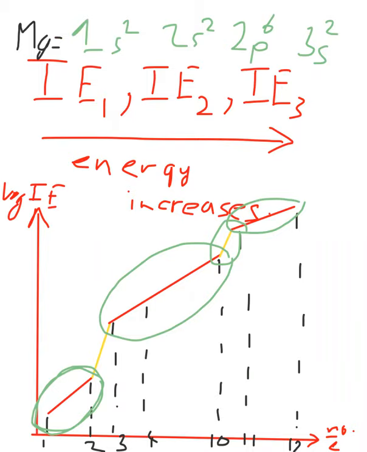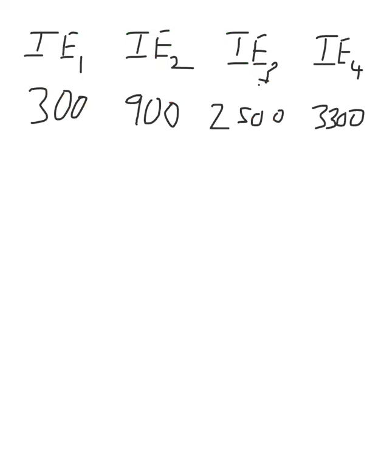Now, if, for example, there is a certain element X, and for that element, these are the ionization energies given in kilojoule per mole, and we have to determine how many electrons are in its outermost shell and from which group this element belongs.